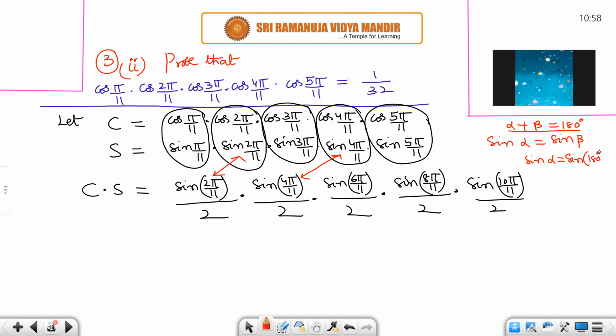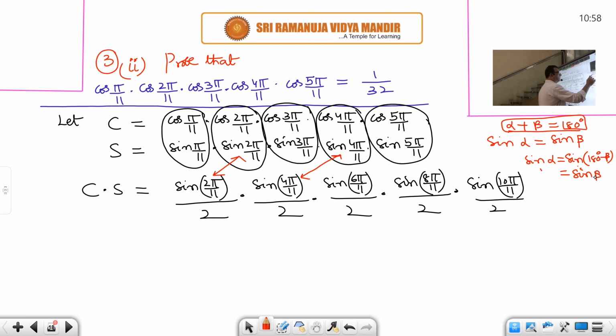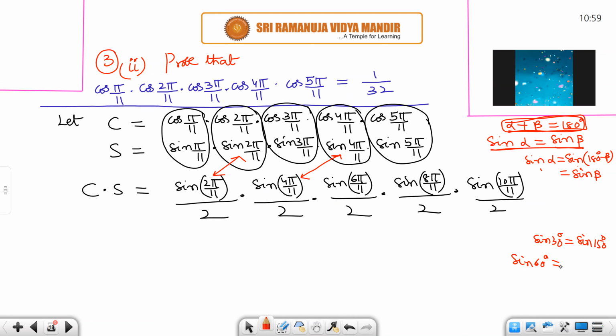Suppose alpha plus beta is 180, then sine alpha is sine of 180 minus beta, but sine 180 minus beta is sine beta. So if the sum of two angles alpha and beta is 180, then their sines will be equal. For example, sine 30 is equal to sine 150, and sine 60 is equal to what? Sine 120, sir.